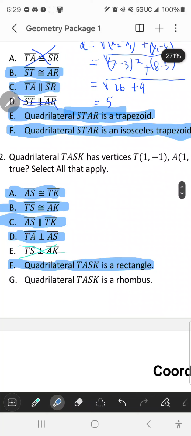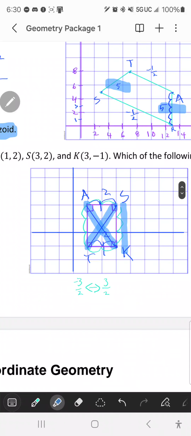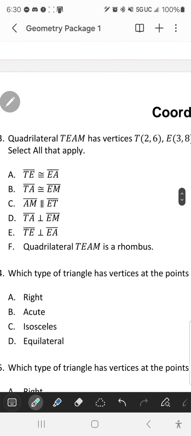And now, is quadrilateral TASK a rhombus? The properties for a rhombus are that it has four sides and the four sides are equal. And since you can see this side is a lot greater than this side, we say that no, TASK is not a rhombus.